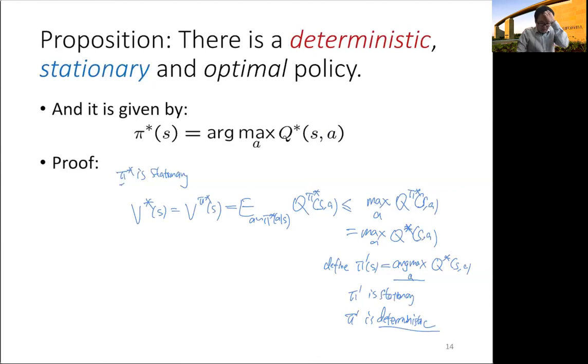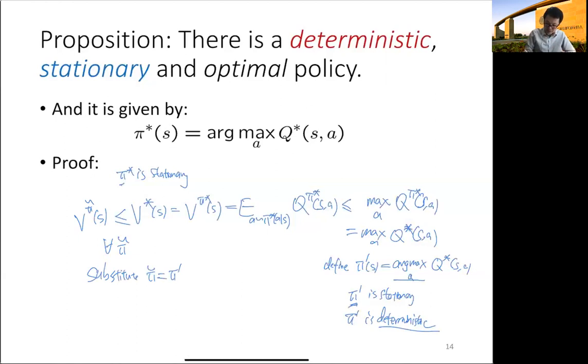Now, by definition, this V star is always smaller than or equal to V pi for any pi. We can substitute pi to be this constructed pi prime, and let's see what we get.